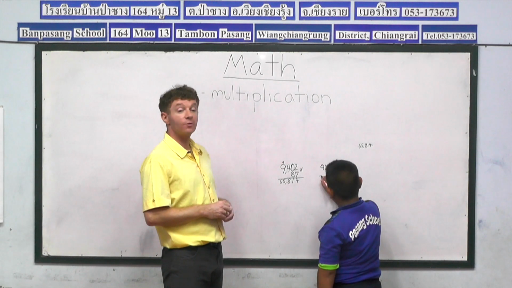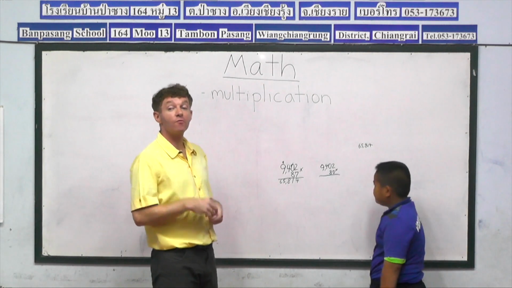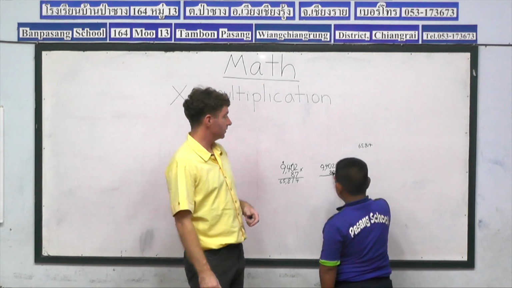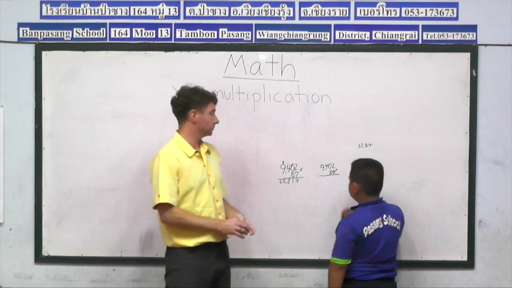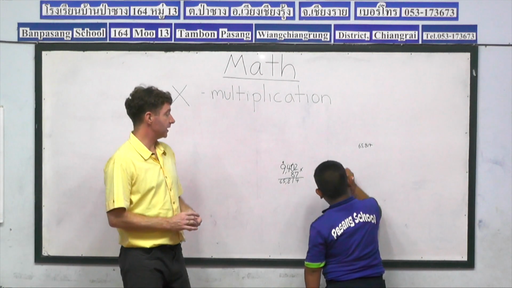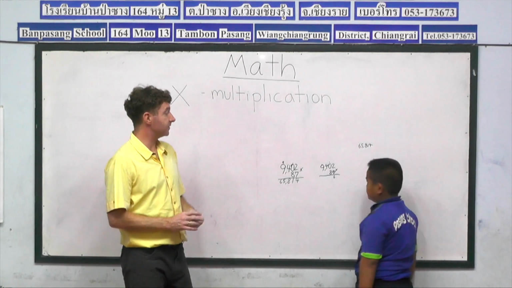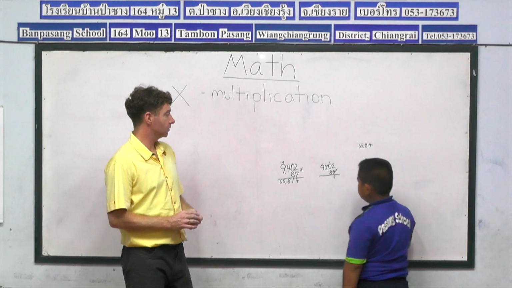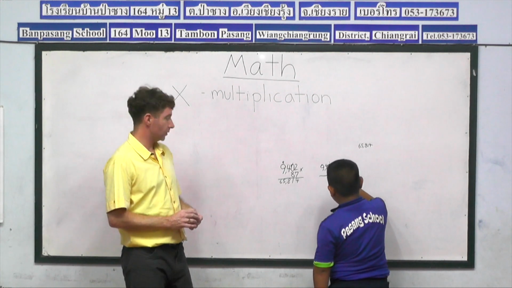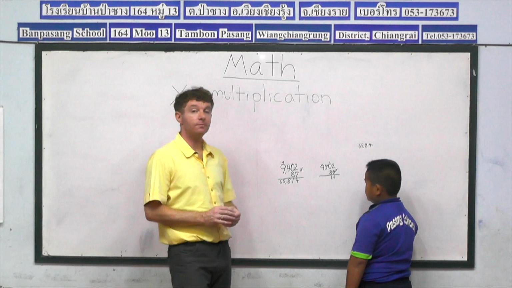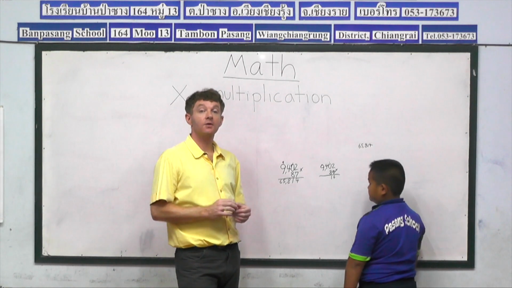And what do we do with the 0? Remove or delete. So 8 times 2, 16, carry the 1. 8 times 0. Perfect. 8 times 4 equals 32.